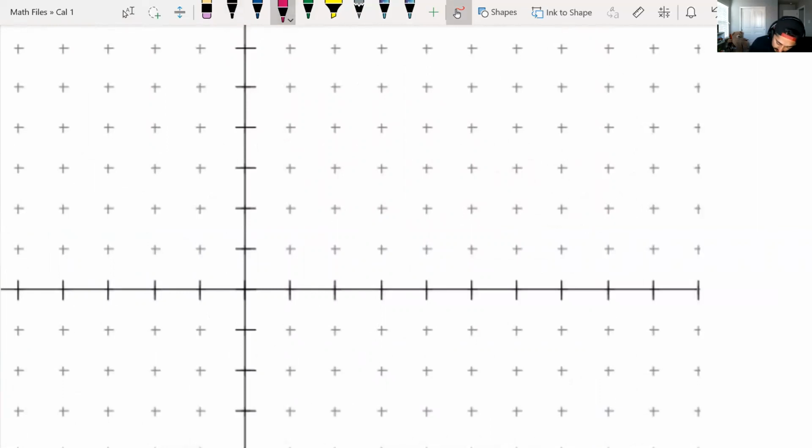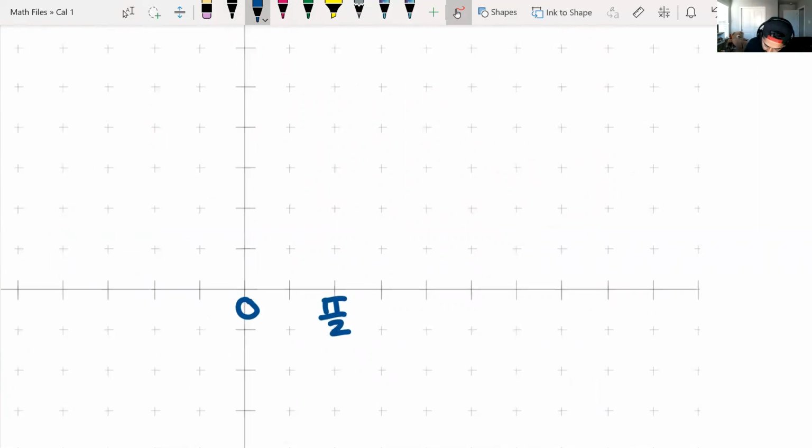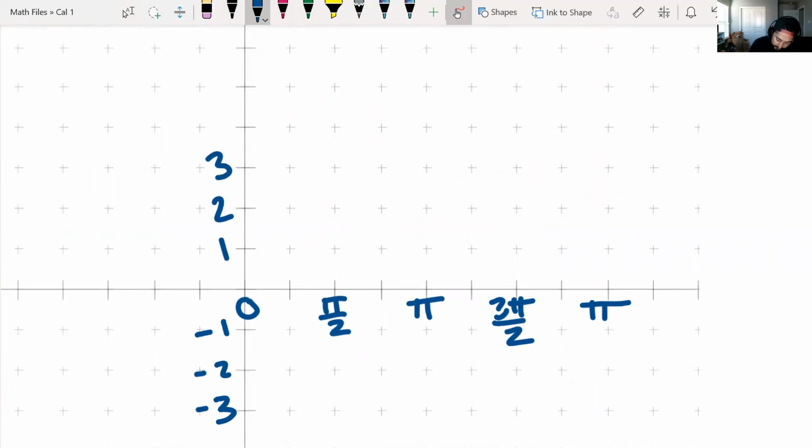So this is going to be 0, pi over 2, pi, 3 pi over 2, and 2 pi. And then 1, 2, 3. And then -1, -2, -3.